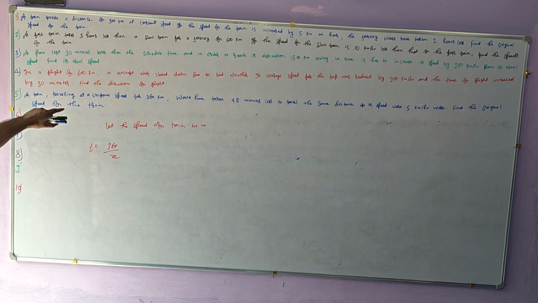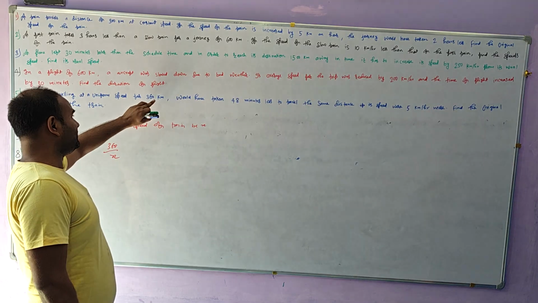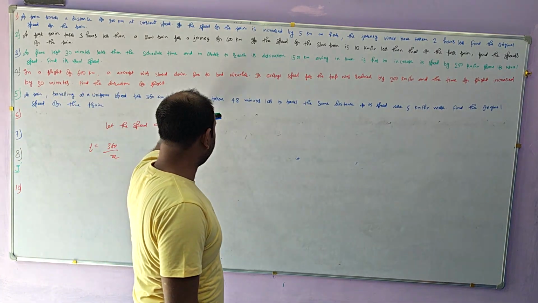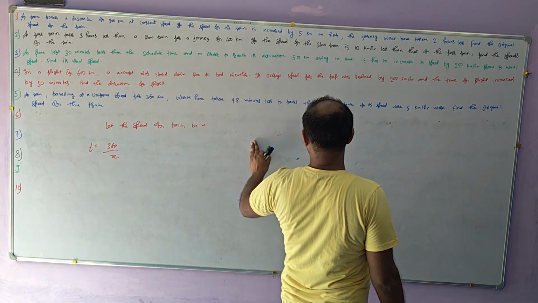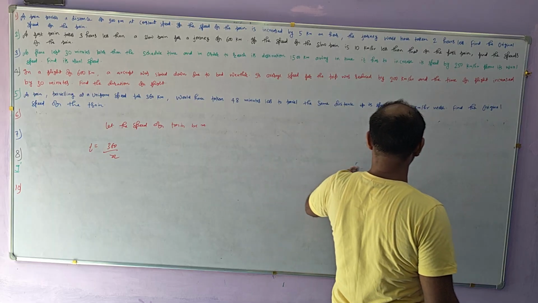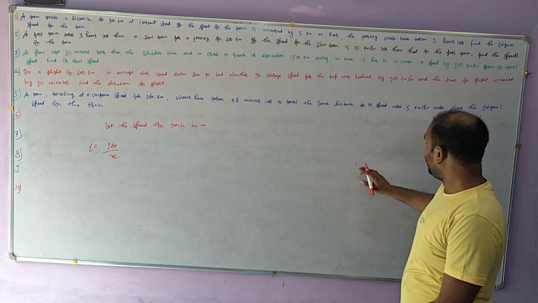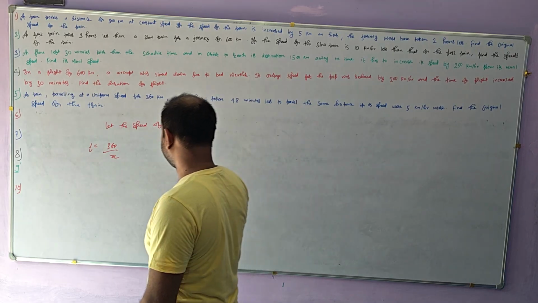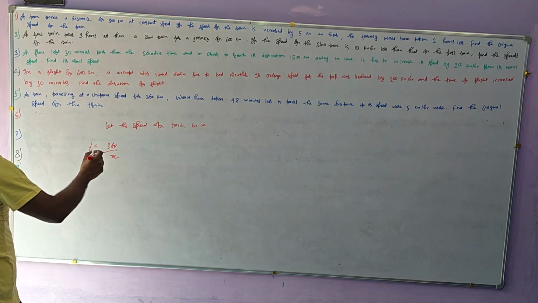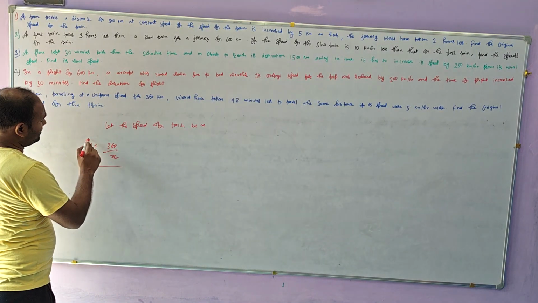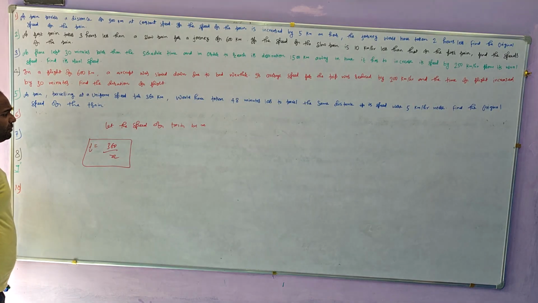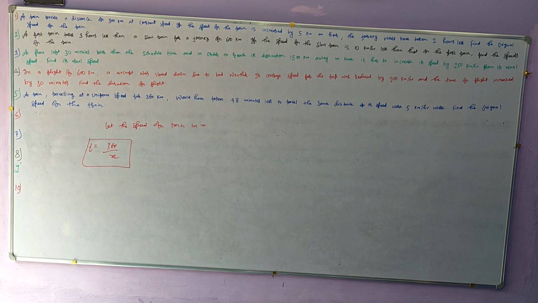A train traveling at a uniform speed for 360 km would have taken 48 minutes less to travel the same distance if its speed were 5 km more. So firstly, the train can travel 360 km distance with a speed x in time t.